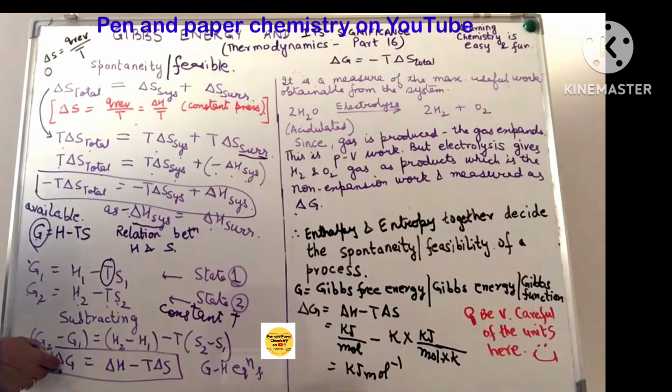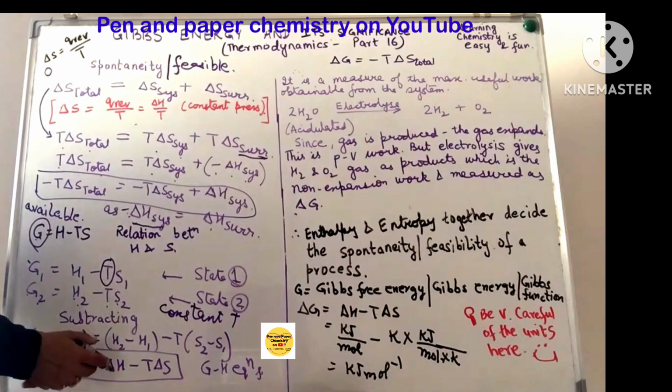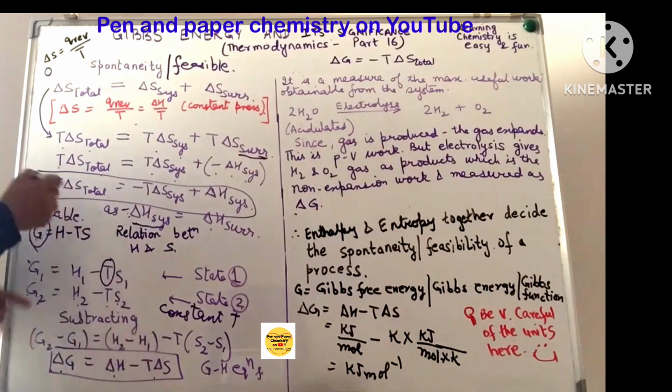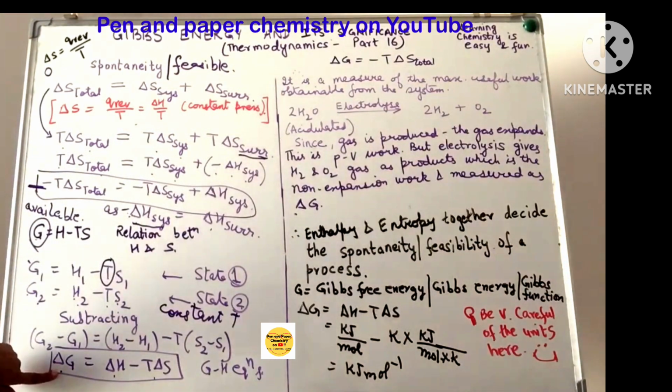So change in Gibbs energy is delta H, change in enthalpy, minus T delta S. We had an equation from here. We have derived another equation.